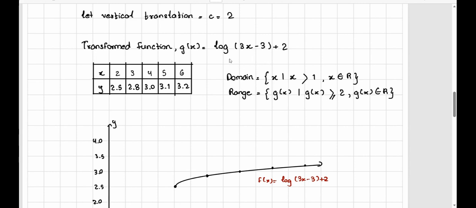If you get, for example, 3 from this log part, you have to add 2 to that as well. So 3 plus 2 is 5. So the value is always going to be 2 or greater than 2, not less than 2. So for the range, g(x) is going to be greater than or equal to 2, and it belongs to the real numbers.